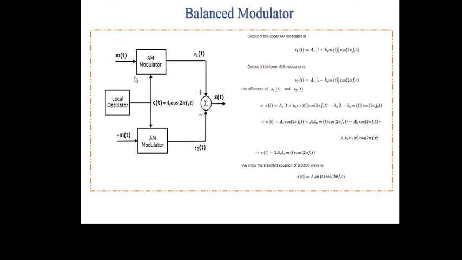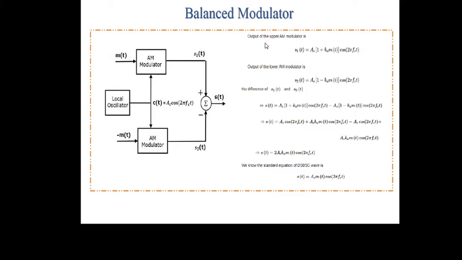Here the block diagram consists of an AM modulator and another AM modulator in a symmetrical manner, and from a local oscillator we generate the carrier signal Ac cos 2 pi fct. Here is a summation block which takes the summation of the two signals generated by the upper modulator and the lower modulator.